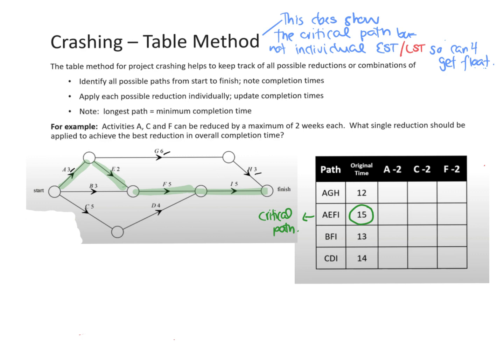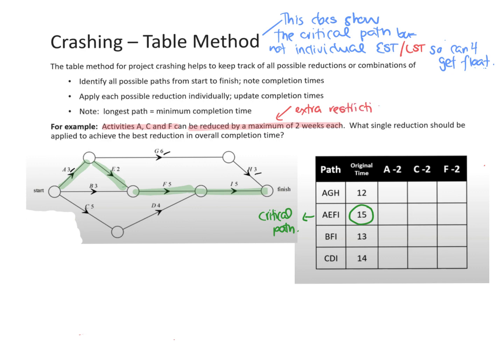Once you've done that, apply each possible reduction. Now we've got to look at this example. For example, activities A, C, and F can be reduced by a maximum of 2 weeks. So here are extra restrictions on our crashing.